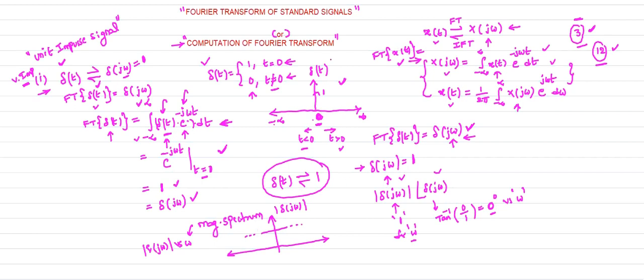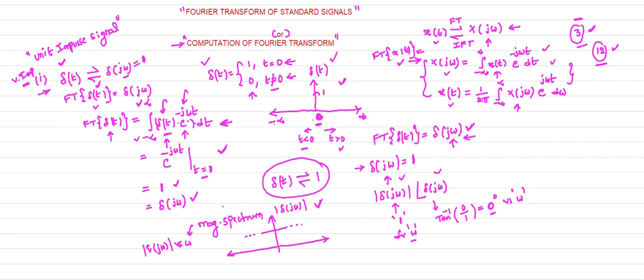So this is the signal in the time domain, delta of t. Now what is the signal in the frequency domain? This is the signal in the frequency domain. For the signal in the frequency domain, we have two spectrums. I already explained the two spectrums in the introduction part of the Fourier transform. One is your magnitude spectrum, another one is your phase spectrum.